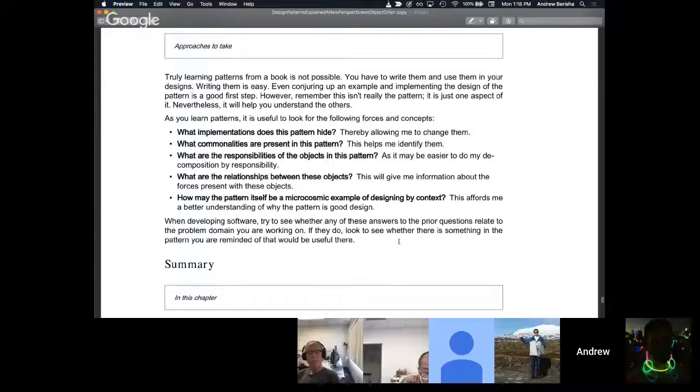Microcosmic example. So is he saying, like, a seed? He's saying a design pattern is a small microcosmic example of design by context. Kind of like TDD is basically a microcosm of extreme programming, because it's iterative.